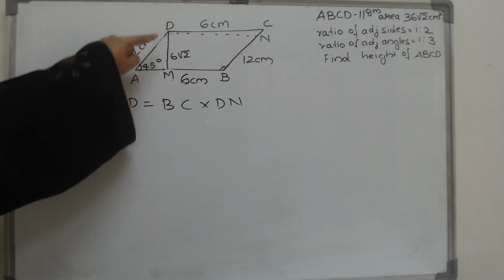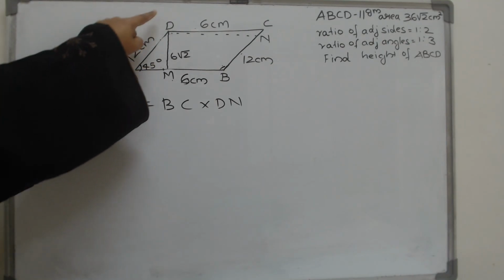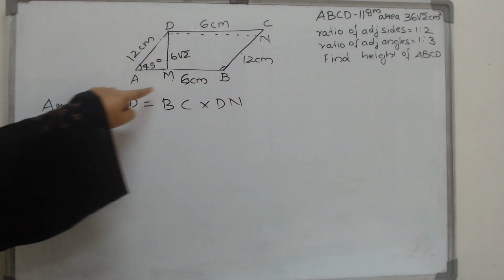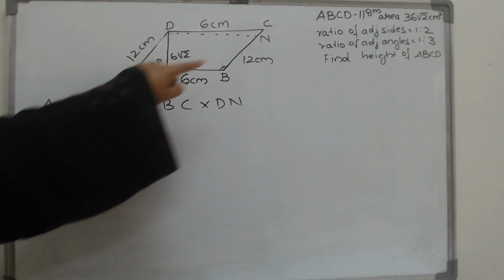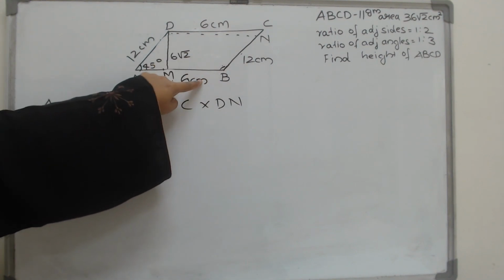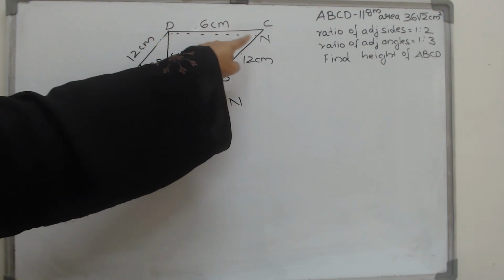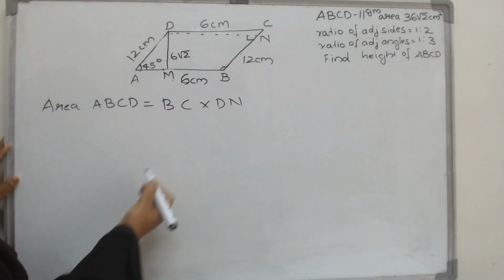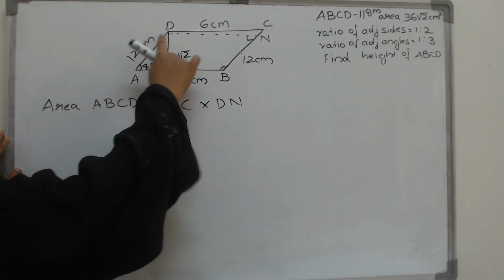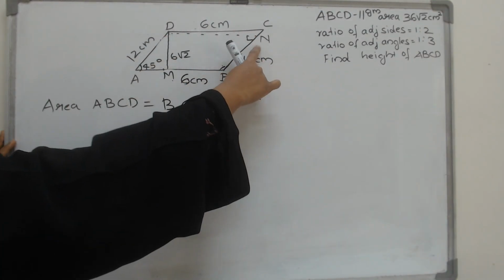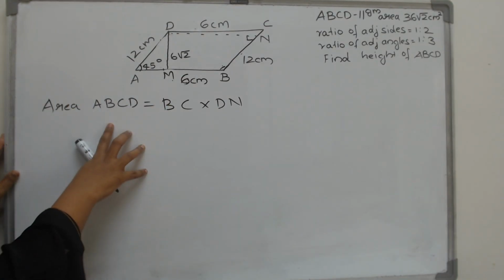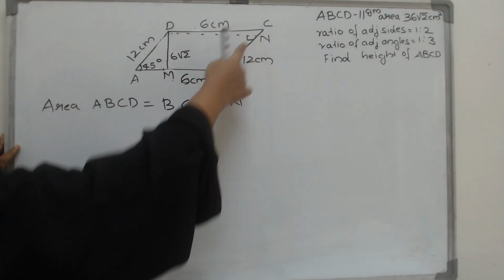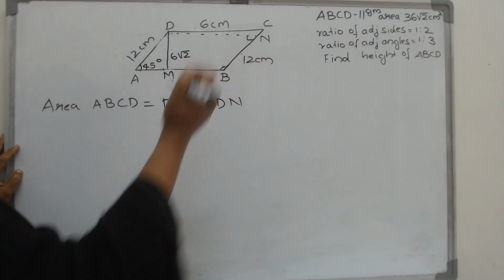Now we have found the value for this height, the height which corresponds to this side. But what about the height which corresponds to its adjacent side? I have constructed a line DN. It is the altitude. What we need to find is the length of this height. Again, what is the area of ABCD? It is base into the corresponding altitude.